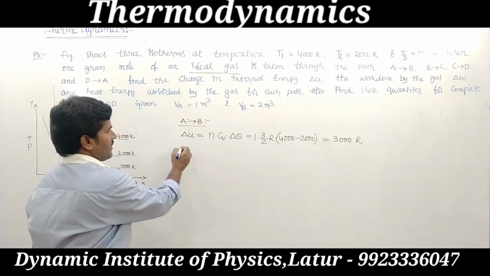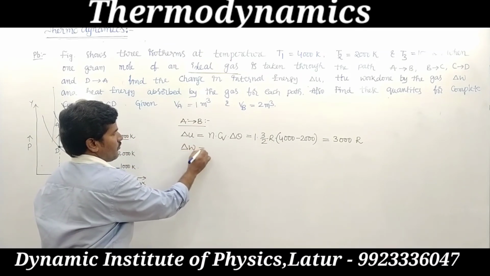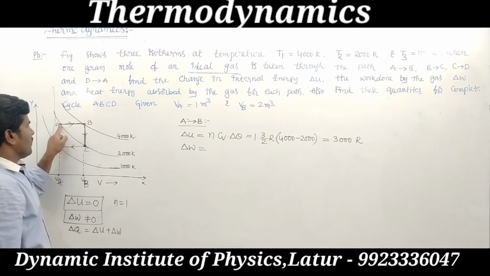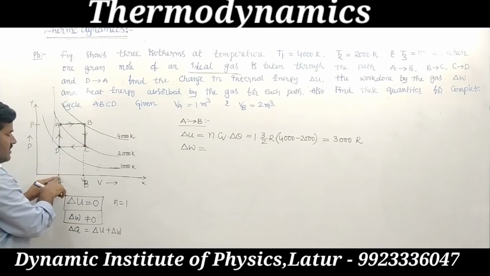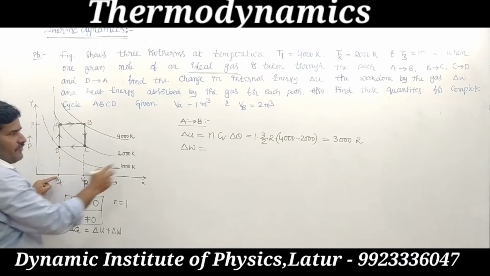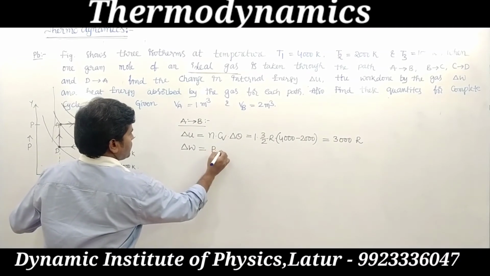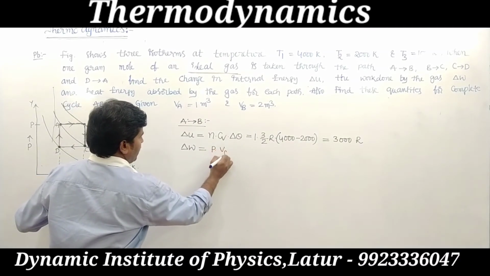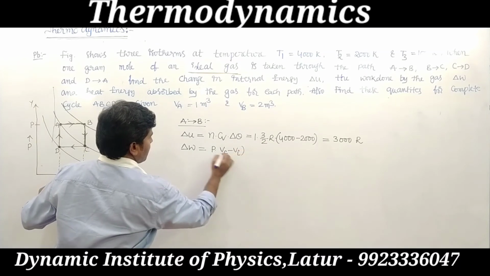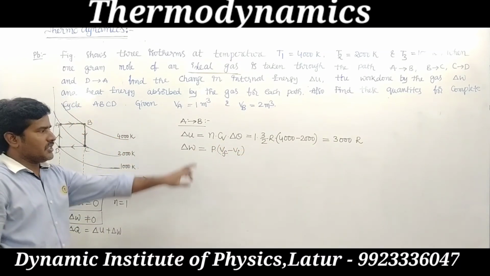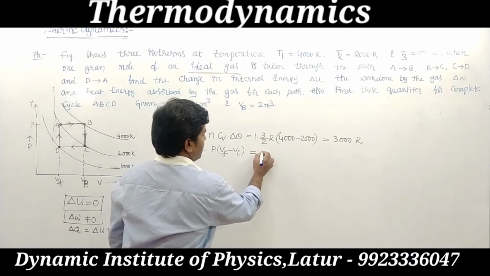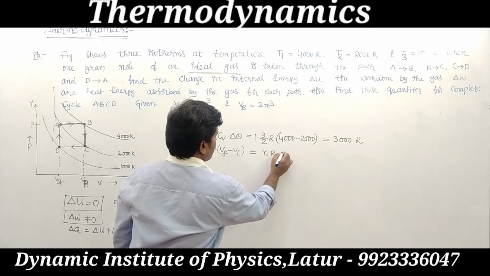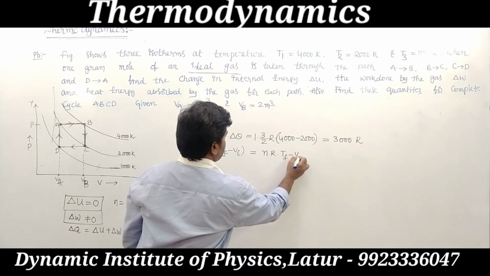This is the internal energy. Again here, work done equals to. In this condition the pressure remains constant. Volume changes from VA to VB. Work done equals P into delta V, V final minus V initial, at constant pressure. This is nothing but n R into T final minus T initial.